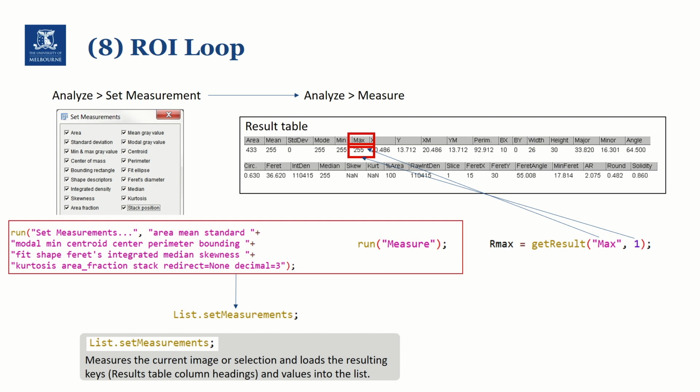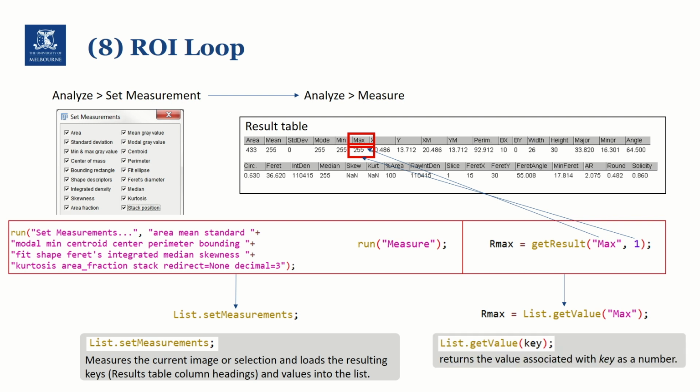And then to grab the measurements that are stored in the list, similar to the getResult function, we can use the list function called List.getValue with the key inside the brackets. This function will return the value associated with the key as a number. And in this case, the key is the column headings of the result table.